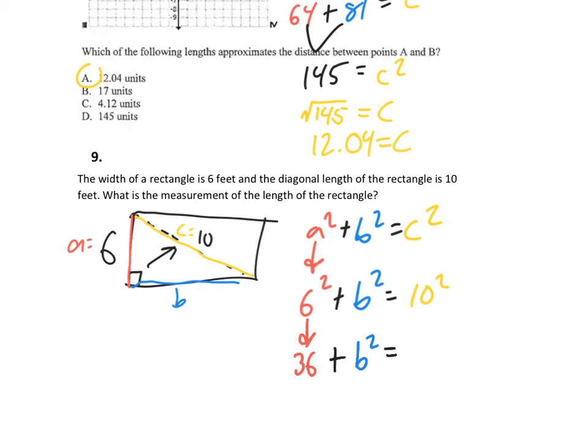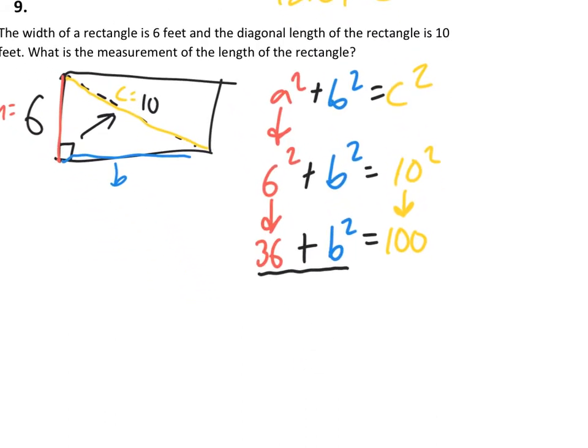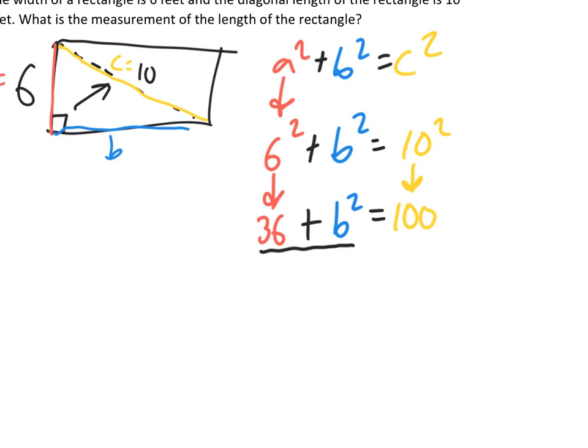And then 10 squared is 100. Now, for this section right here, there's nothing I can do. I cannot add those. So if I cannot add what I have right next to each other, I'm now going to subtract. I take the 100 and I'm going to subtract 36. And that will leave me with B squared. 100 minus 36 is 64. Again, leaving me with B squared.